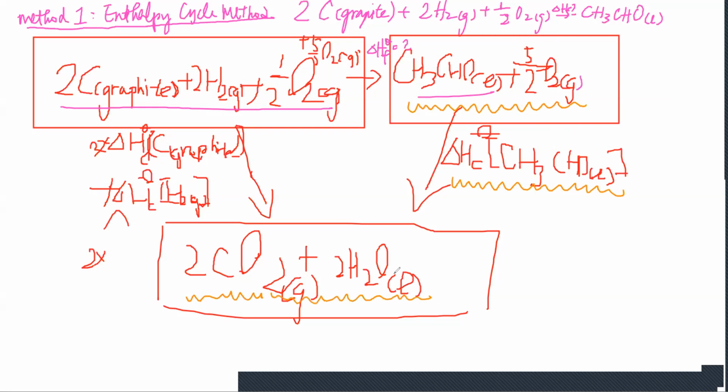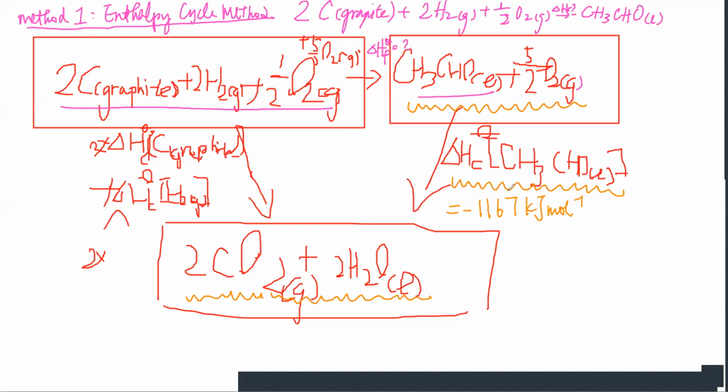It is on your equation 1, minus 1167 kilojoule per mole.